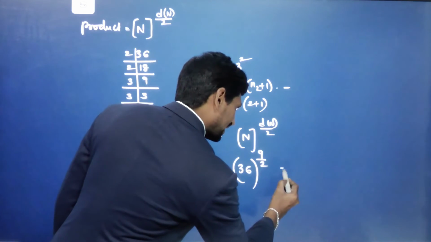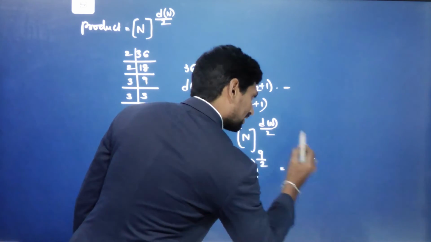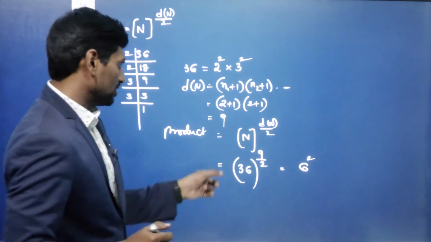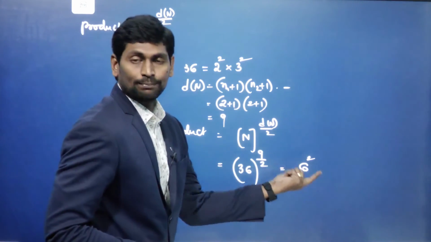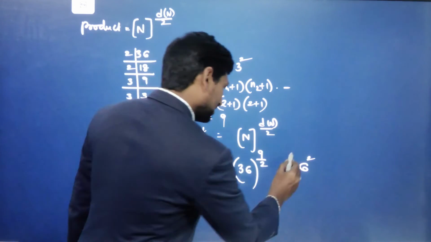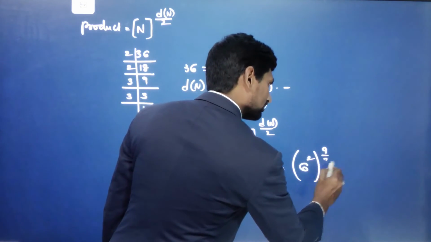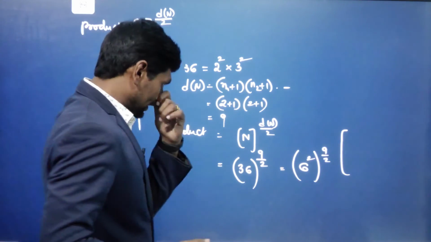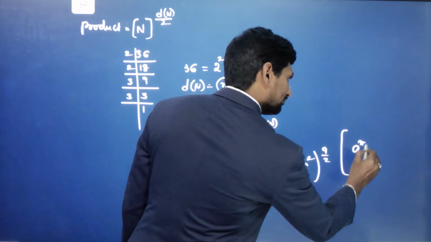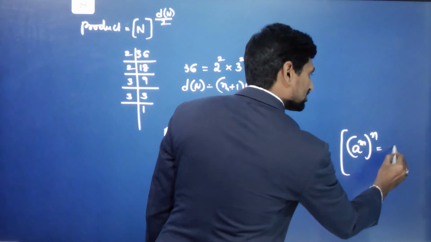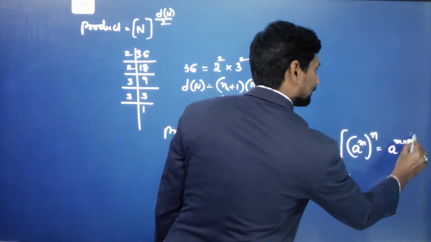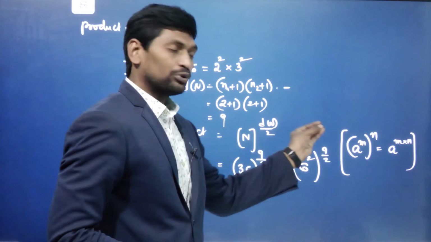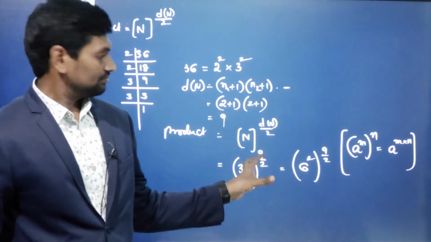That's why I am writing here 36 as 6 square. 6 square means 6 into 6. 6 6s are 36. So I can express 36 as 6 square and whole to the power of 9 by 2. Here I am using one of the algebraic identities. What is that identity? A power m whole power n equals a power m into n. This is the identity. It will help in solving the problem, right? Clear?